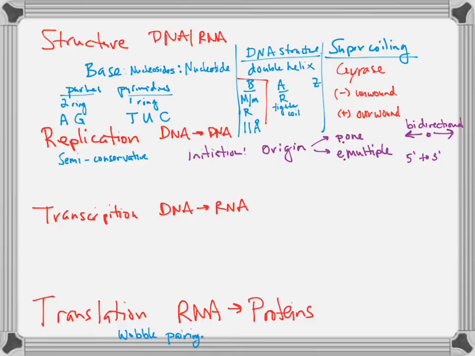We have parts of our replication, probably classify that as elongation. We're looking at synthesizing. We'll have a leading strand, which will be just standard, easy to go. A leading, which we'll call continuous.